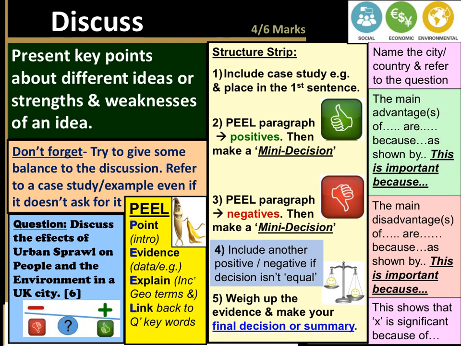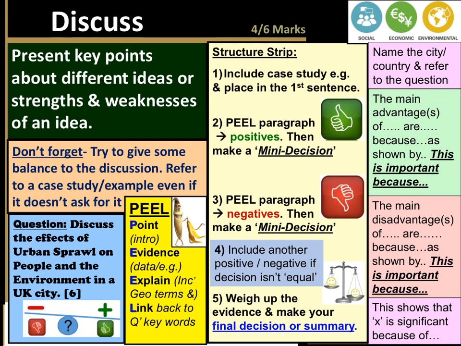Here we've got the command word discuss, and that's presenting the key points about different ideas, the strengths, the weaknesses of an idea. So you're going to look at the positives and the negatives. In the yellow box in the centre, you're going to do your first sentence, then your PEEL positive with mini decision, mini conclusion, your negatives, mini decision, and then your summary. Now of course number 2 and 3 might be about two different parts of the question, and that's fine too.